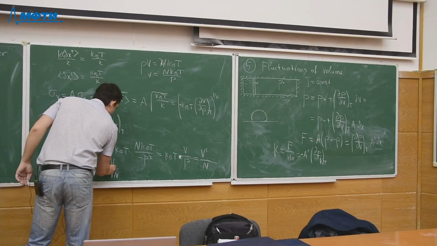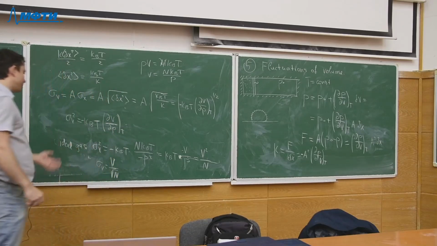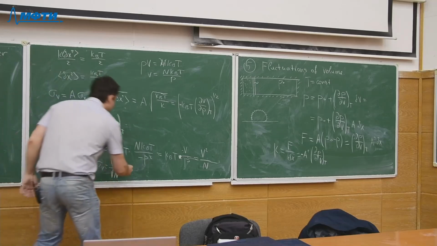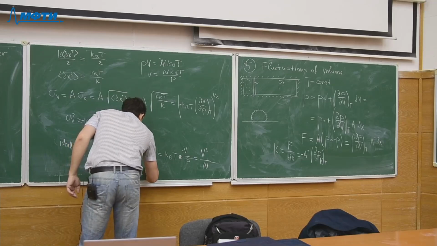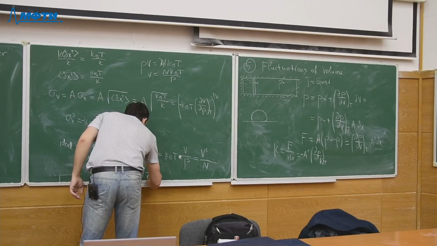And once again, as we see, the relative fluctuations of volume of the ideal gas are equal to 1 over square root of N.